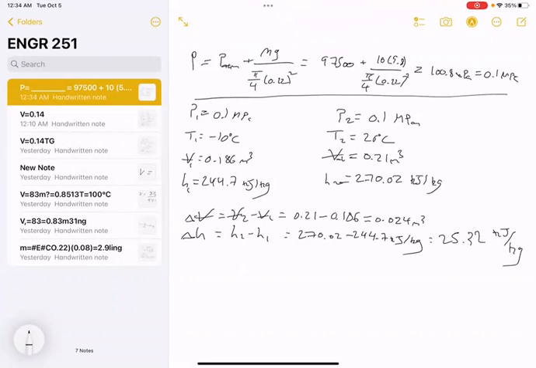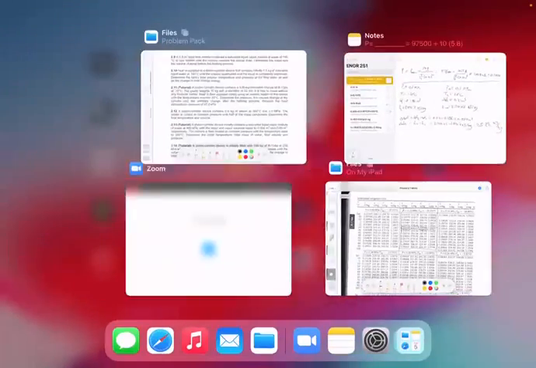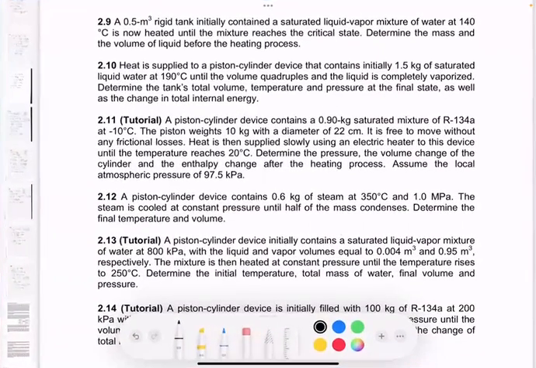Now this is enthalpy per unit mass. If we want the absolute amount of enthalpy, we just multiply this by the mass of the fluid, which is 0.9 for us. And I think that answers everything they ask here: pressure, volume change, enthalpy change. Yeah, we got it. All right, thank you very much.